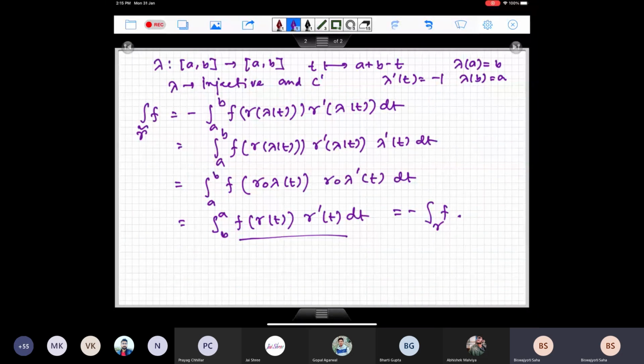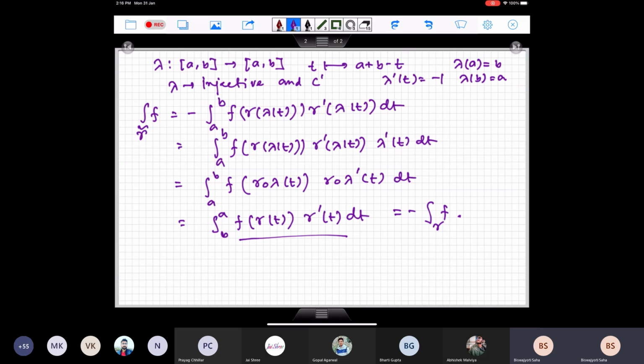So here I have a, which is lambda of b, and b, which is lambda of a. So b is equal to lambda of a and a is equal to lambda of b. If you replace this, I get the integral from a to b of f of gamma t gamma prime t dt, and this is just the usual real integral in the reverse direction.